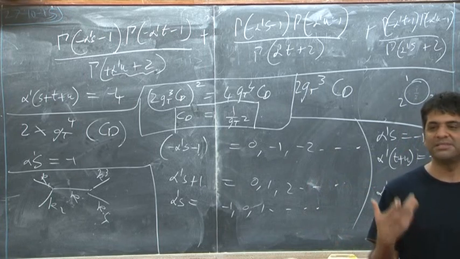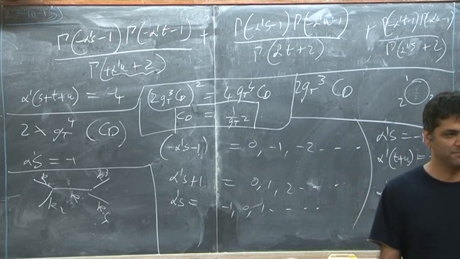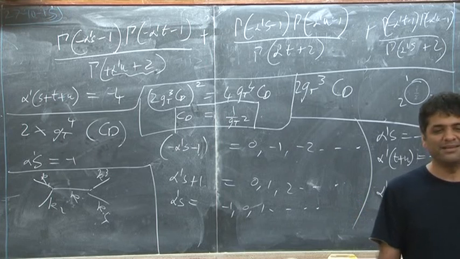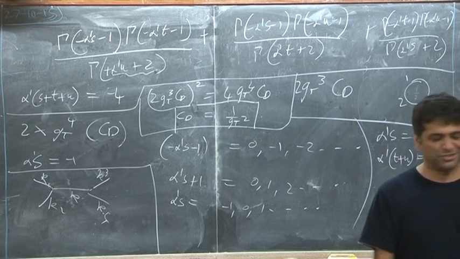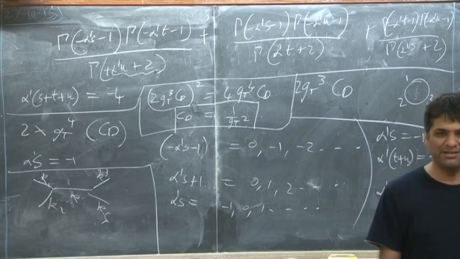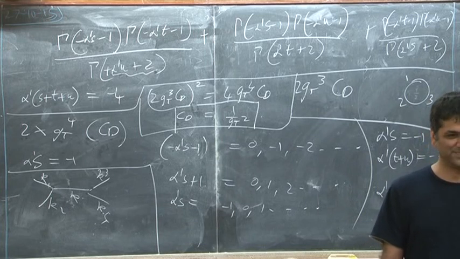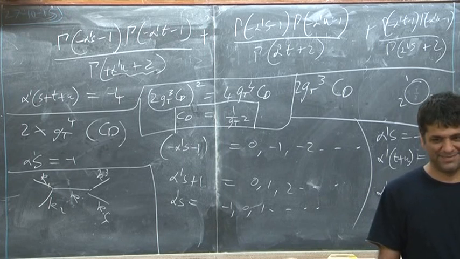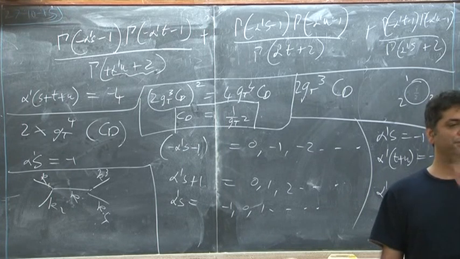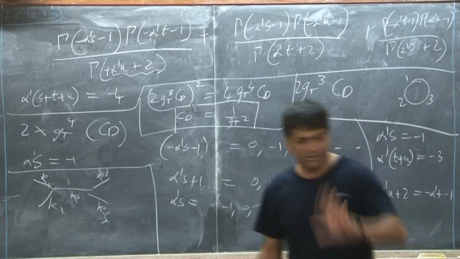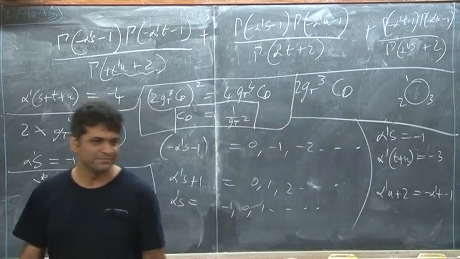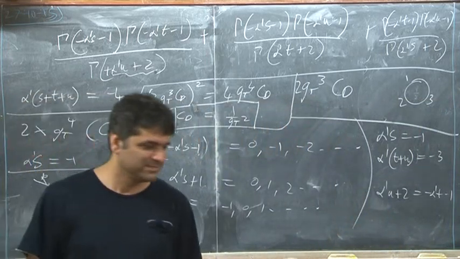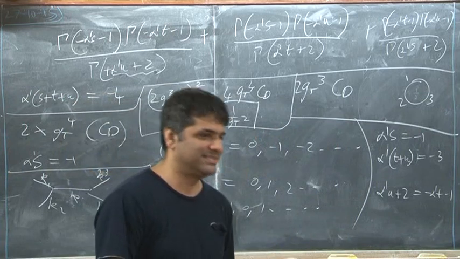What is the adjoint representation of U1? All representations of U1 are labeled by a charge. What charge should I associate with the adjoint representation of U1? How does something in the adjoint representation transform under a unitary transformation? U A U inverse, exactly.